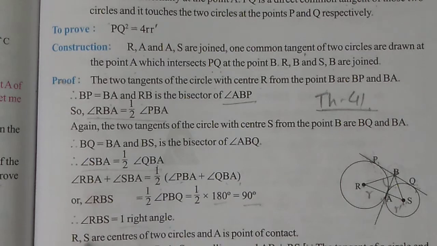Again R and S are the centers of the two circles and A is the point of contact, and we can also prove that RAS is a straight line, that is, they are collinear.